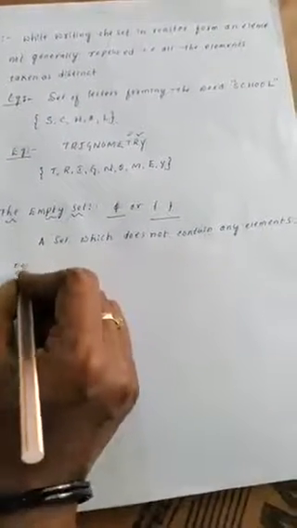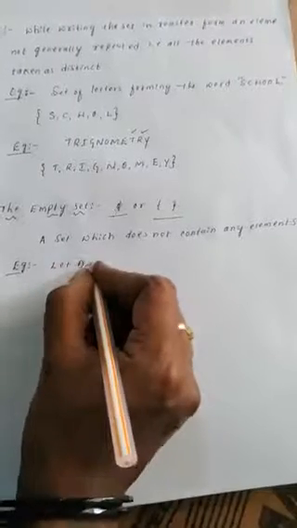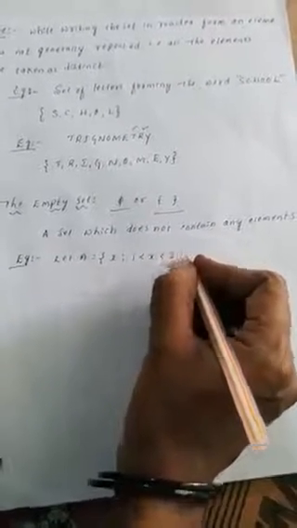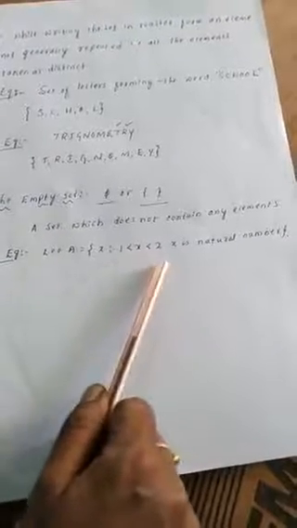I'll take an example. Let set A is equal to x such that x is greater than 1 and less than 2, where x is a natural number. What type of representation is this? It is the set builder form. Each element of this set should satisfy this property: x should be a natural number.